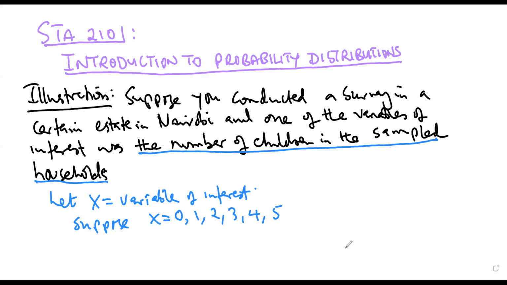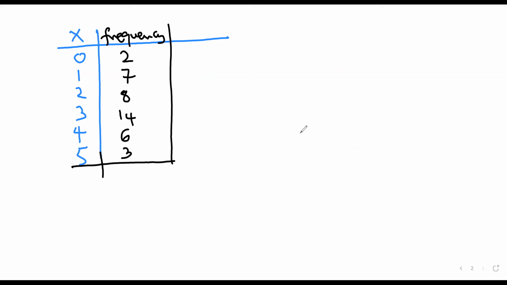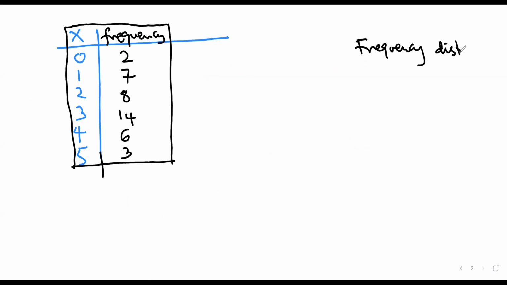So I want to have some hypothetical data for the sake of illustration, as shown in the following table. So suppose this is the data that we collected from that survey. So this is an example of what we call a frequency distribution.